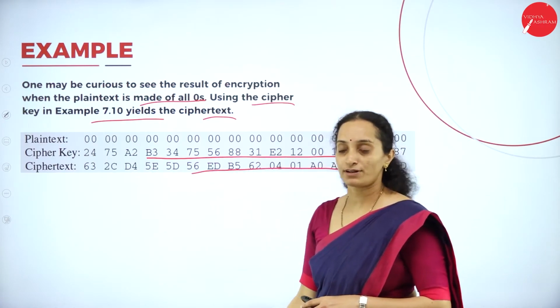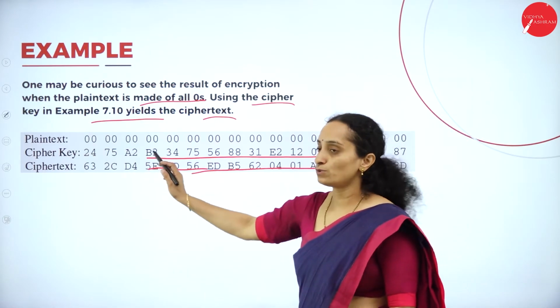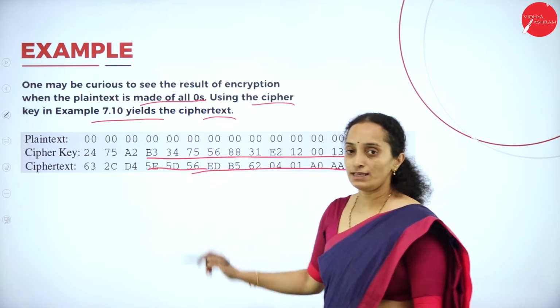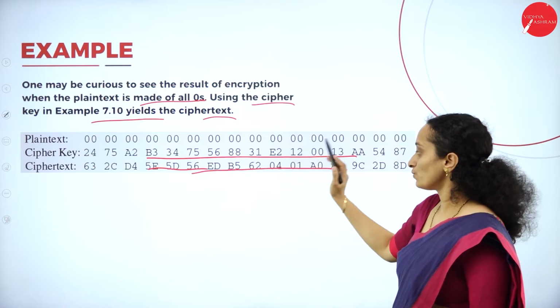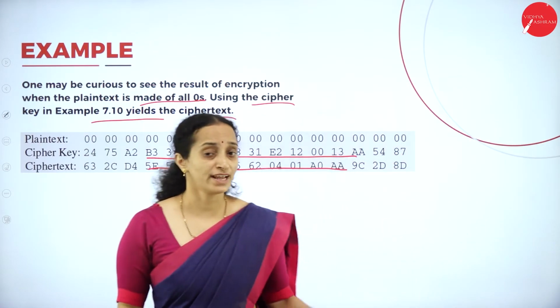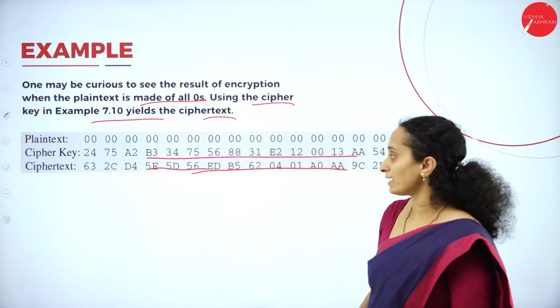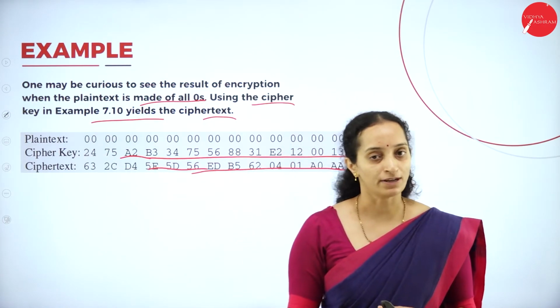This is the cipher key and this is the cipher text: 63, 2C, D4, 5E, 5D, 56, ED, B5, 62, 04, 01 like this. We get all 16 bytes of cipher text from the plain text and the randomly selected cipher key.